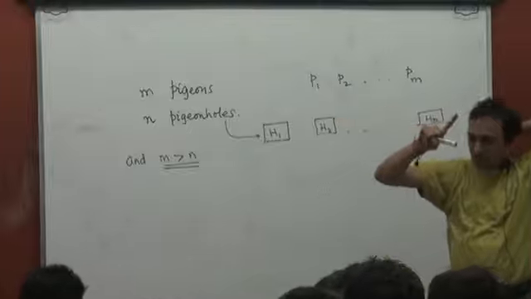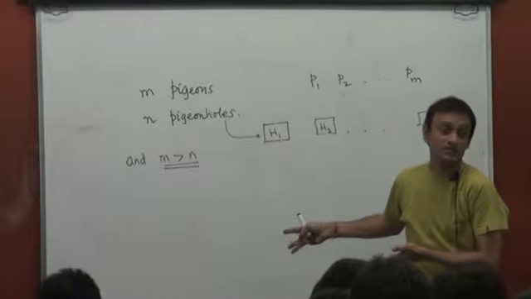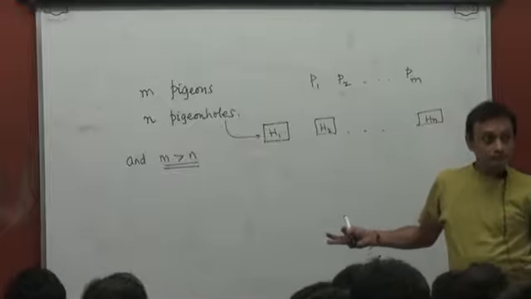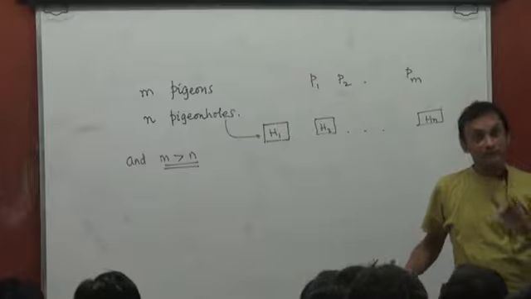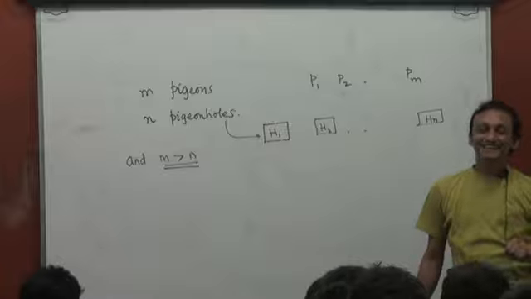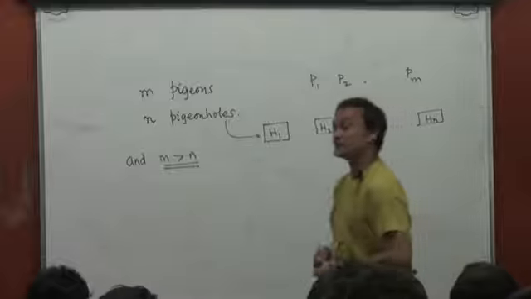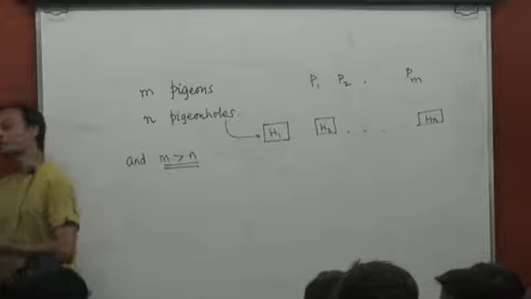Because the number of pigeons exceed the number of pigeonholes. Clear? This is pigeonhole principle. If M is greater than N, there must be at least one pigeonhole with more than one pigeon.